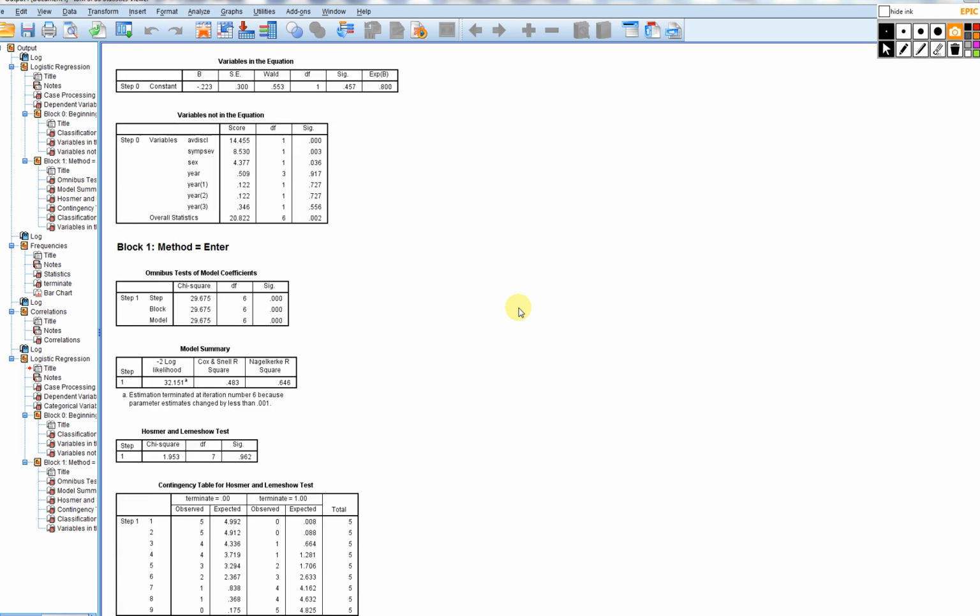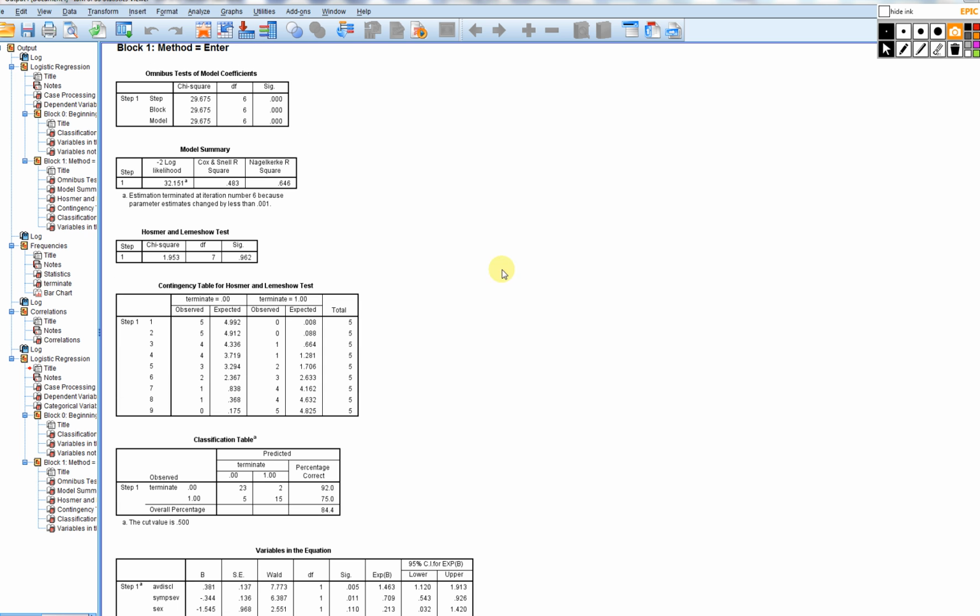So moving on and looking at block 1, now we have our model chi-square, which again is representing the degree of improvement in fit over a null model. If this is significant, this means that we have a significant improvement in fit over the null. And obviously in this case, that's what it appears that we have.